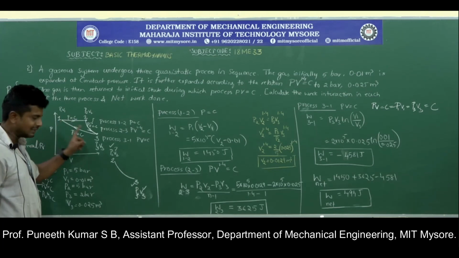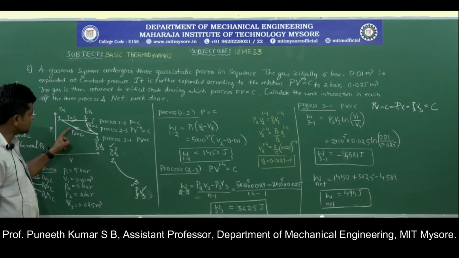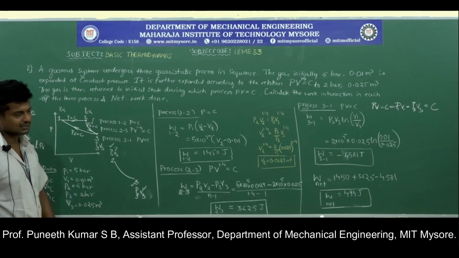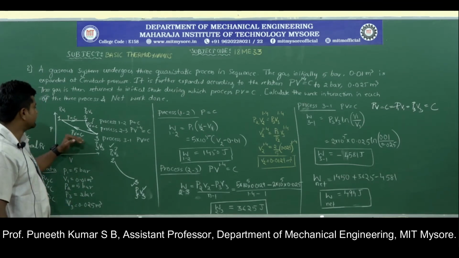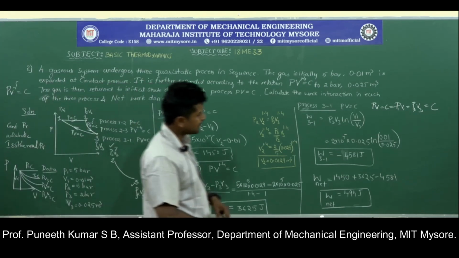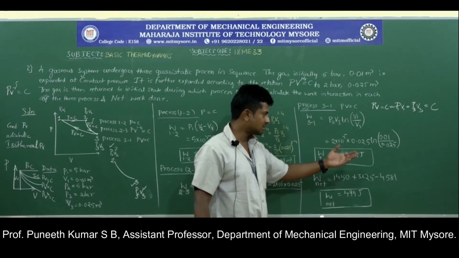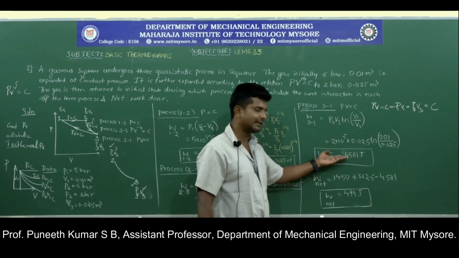And also we can see the increment of pressure, whereas P3 was less, and as the process continued to P1, the pressure has increased. So we can call it an isothermal compression process. Whenever compression is happening, it is always work done on the system, so only we are getting a negative sign.